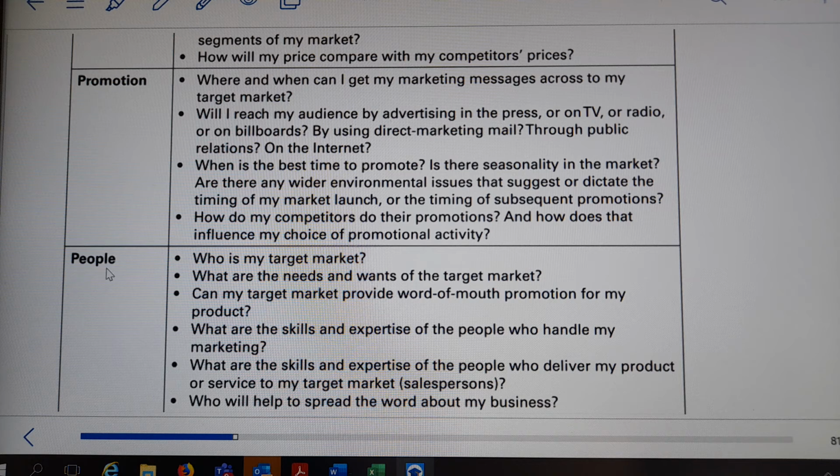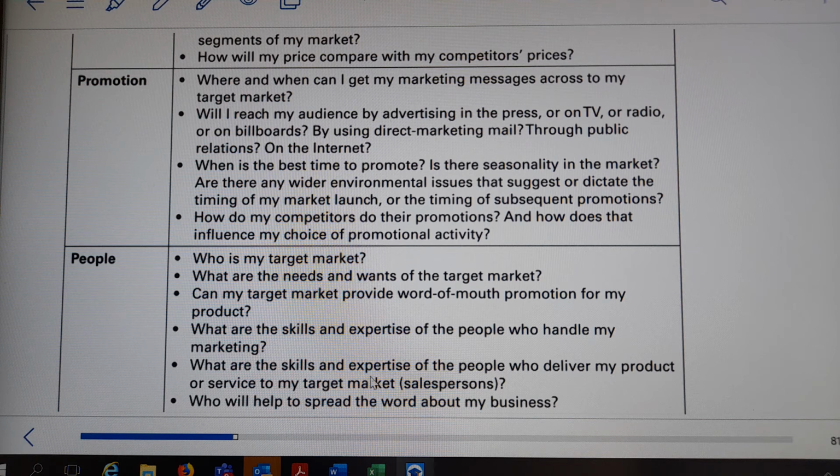And the last P is the people. Who is my target market? What are the needs and wants of the target market? Can my target market provide word of mouth promotion for my product? What are the skills and expertise of people who handle my marketing?